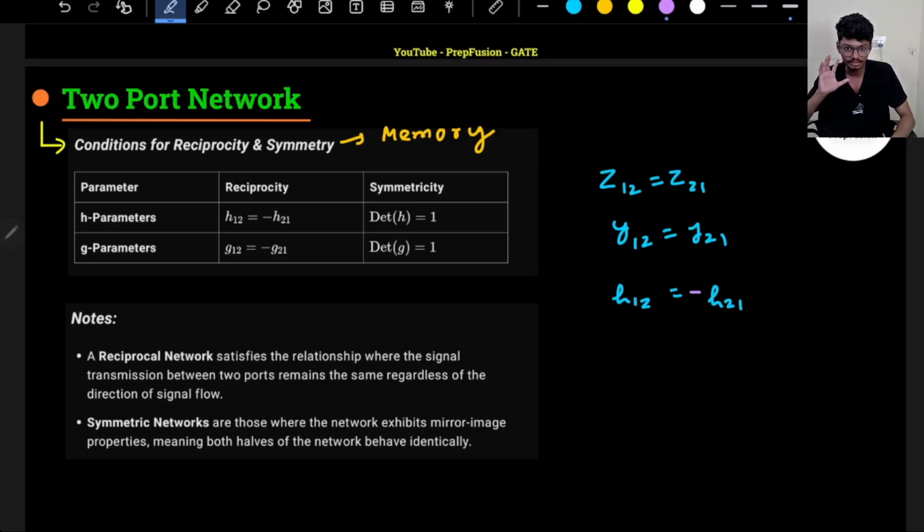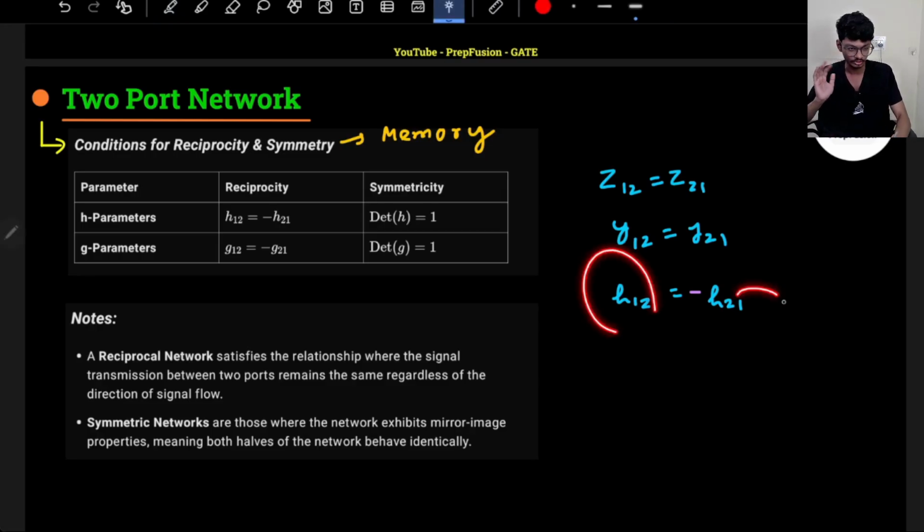I remember the z parameter has z12 equals z21, the y parameter has y12 equals y21. The h parameter condition is almost similar, just with an extra negative sign. So you write h12 equals h21 and then remember there is a small variation, that is a negative sign. That's how you remember it for the h parameter.